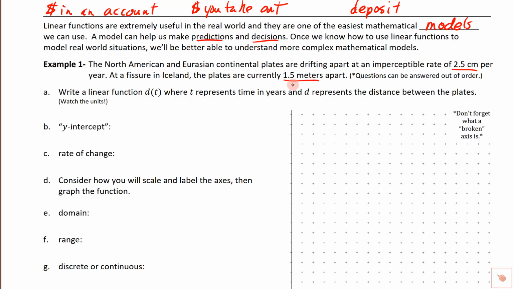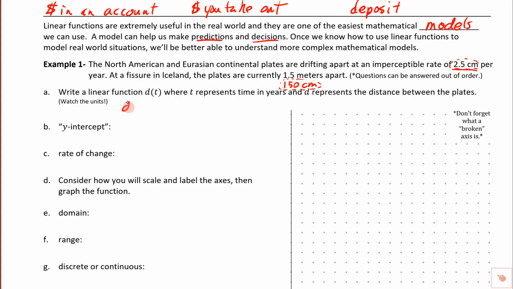And it's going to be a lot easier if we change this into meters. So if you recall, there are actually 100 centimeters in a meter. So this 1.5 meters is actually 150 centimeters. So we're going to use this value right here because it matches up unit-wise with this value right here. So just make sure if you ever see something like that, that's something we've got to be aware of.